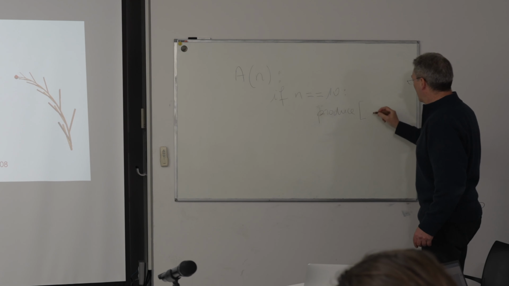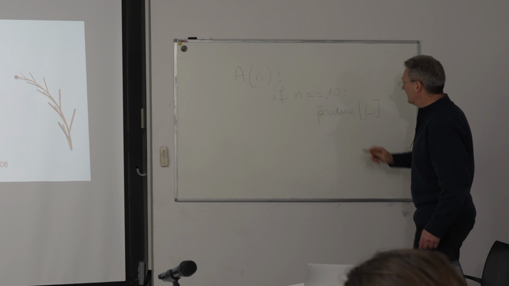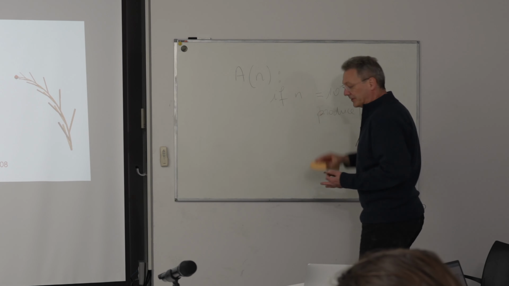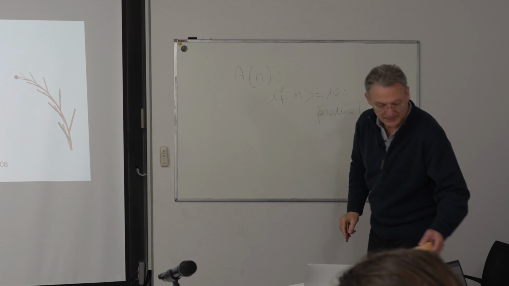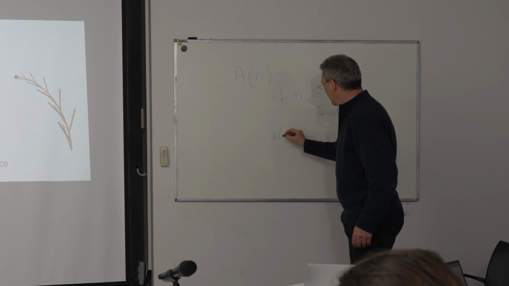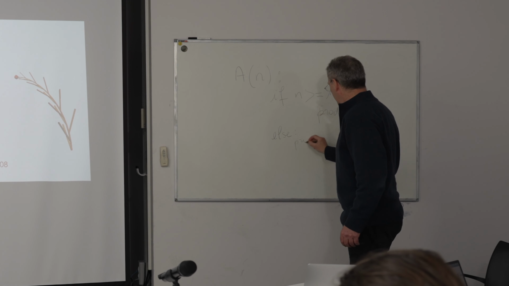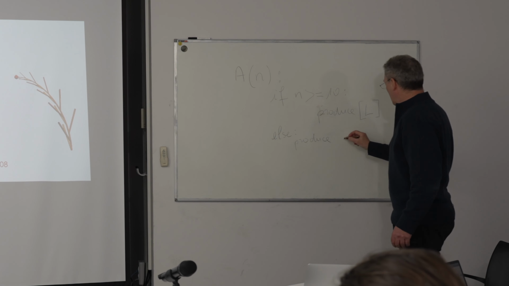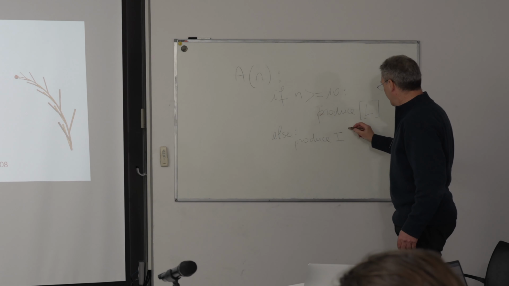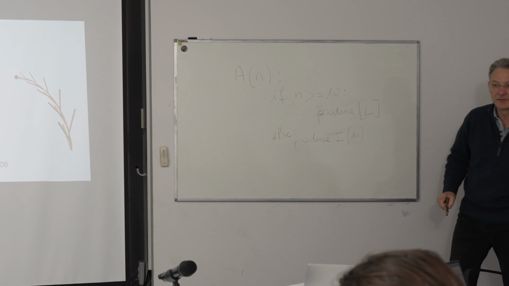Produce a lateral leaf. And here, instead of putting equal 10, I will put greater than 10. Produce a leaf, and else produce an internode of size 10 millimeters.